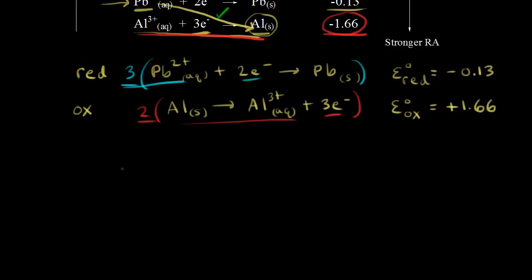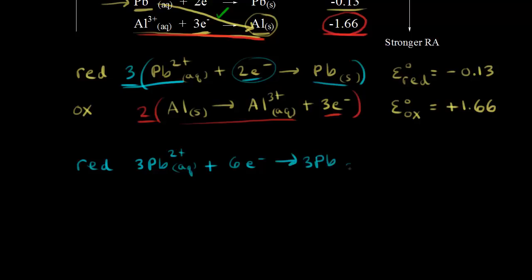For reduction, we would have 3 Pb2 plus plus 3 times 2 electrons gives us 6 electrons, and this would give us 3 solid Pb. So we're multiplying our half reaction, but remember we do not multiply our standard reduction potential by 3 because voltage is an intensive property. So we leave our standard reduction potential as negative 0.13 volts.